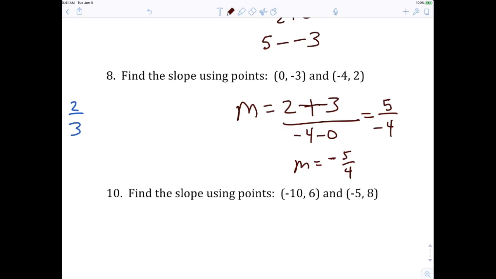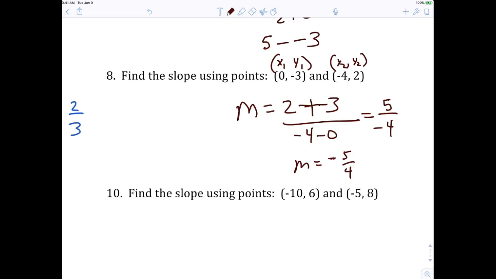So how do you know which one is the x2 and the x1? Doesn't matter. This is the first point. That's why we call it x1. This is the second. That's the first y. This is the second y, second x, and second y. That's what they're talking about. But it doesn't matter really what order you do.